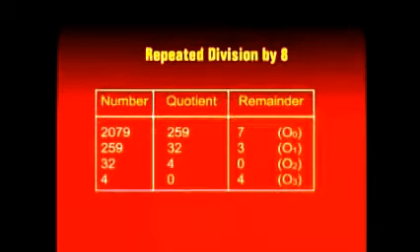The remainder 3 is noted and the quotient 32 is divided by 8. 32 divided by 8 results in a quotient value of 4 and a remainder 0. The remainder 0 is noted and the quotient value 4 is again divided by 8. This results in a quotient value of 0, which indicates the completion of the repeated division by 8 method. The remainder 4 and the 3 remainders noted earlier represent the 4-digit octal number 4037.